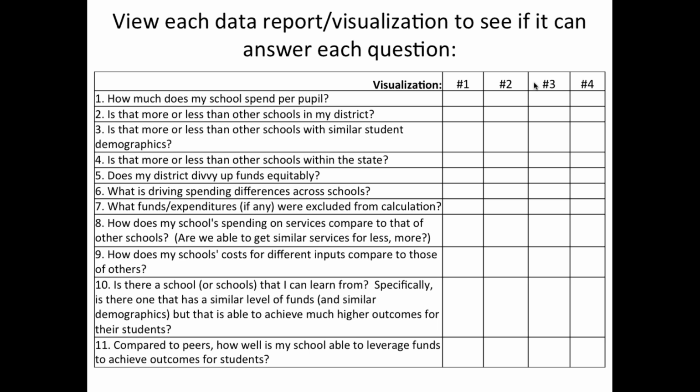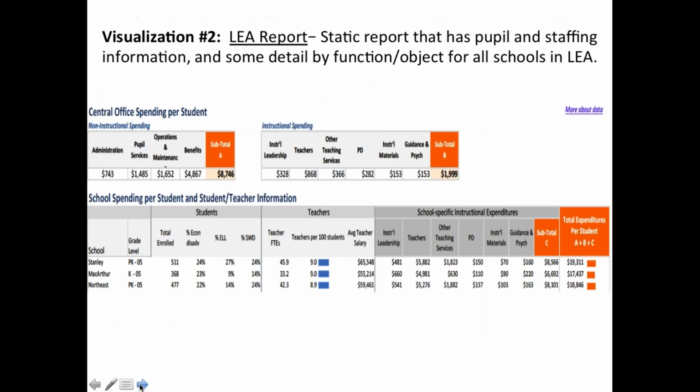All right, well, if you're game, let's do the same thing for visualization number 2. And this one is a real report. Just to give you a quick overview of it, it's an LEA report. Again, it's a static report. It does give some more detail by function and object for all schools.